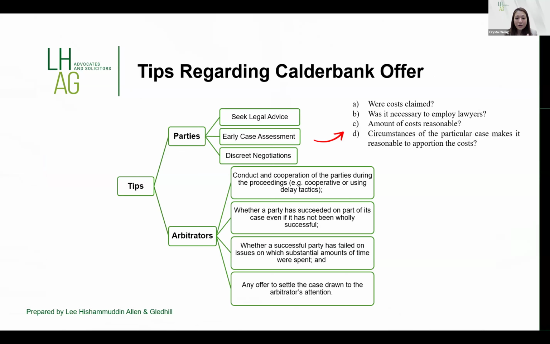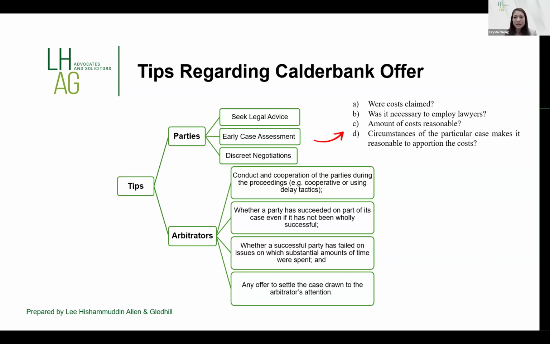But from the arbitrator's perspective, I think there are a few things that we should take into account when we are considering a Calderbank offer. And quite a few of them are actually taken from the CIArb guidelines, where even if you are considering the Calderbank offer, at the same time there are other factors that should weigh in, especially when your national enabling Act itself does not provide for a fixed framework of Calderbank offer.